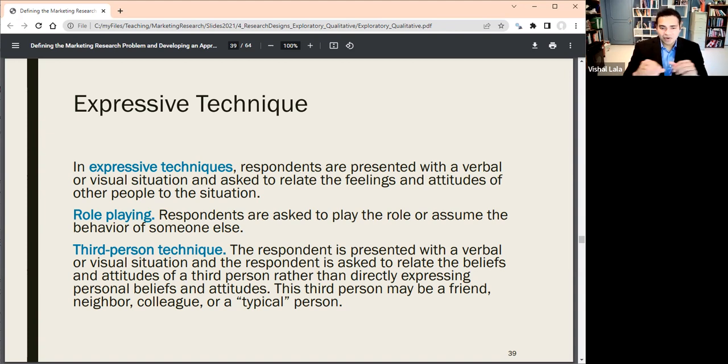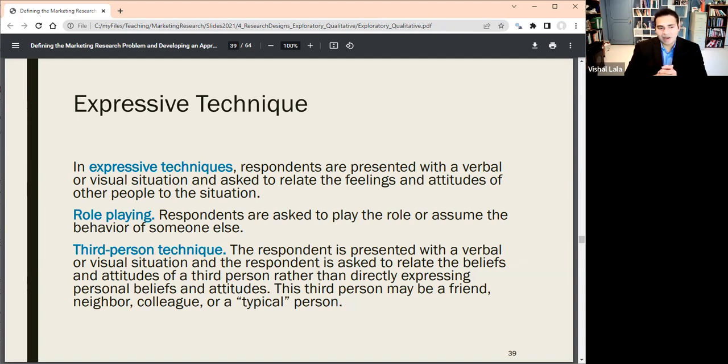A third-person technique is a curious little technique used to get respondents to project, or talk about somebody else. Now, there are many questions that a respondent may be embarrassed to answer, or might not want to talk about.